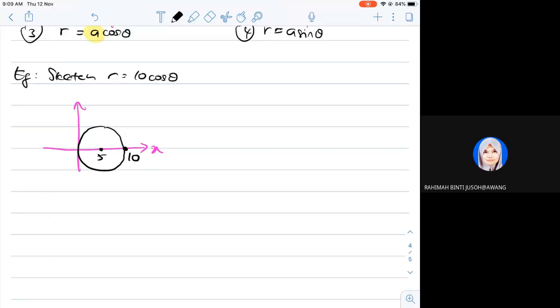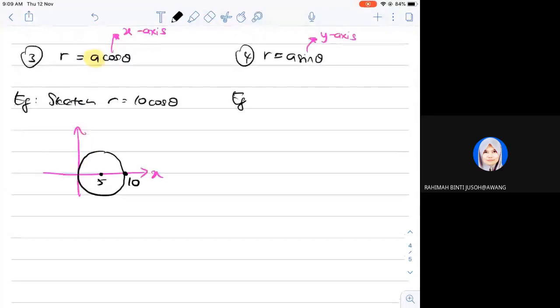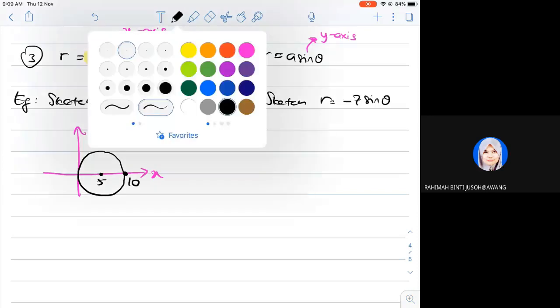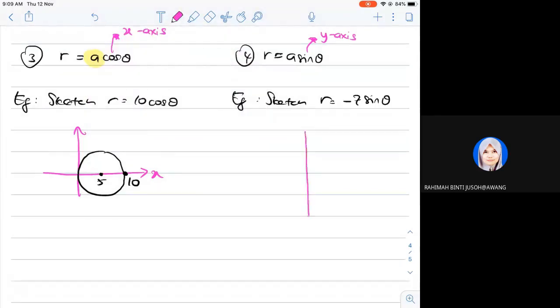Okay, good. Okay, next. For example, for sine pula, let's say sketch r equals to negative 7 sine theta. Okay, so sine must be always related to y-axis. Okay, x and y.